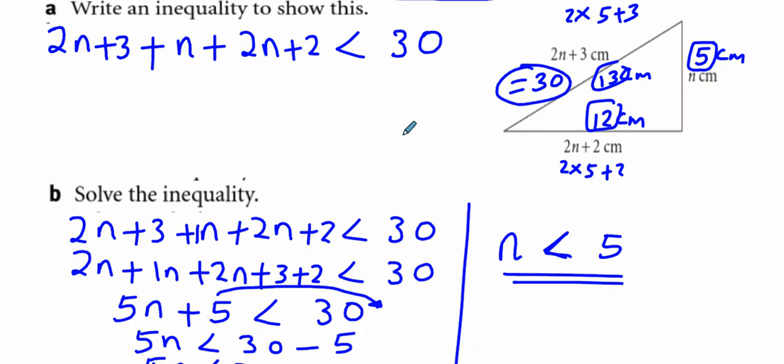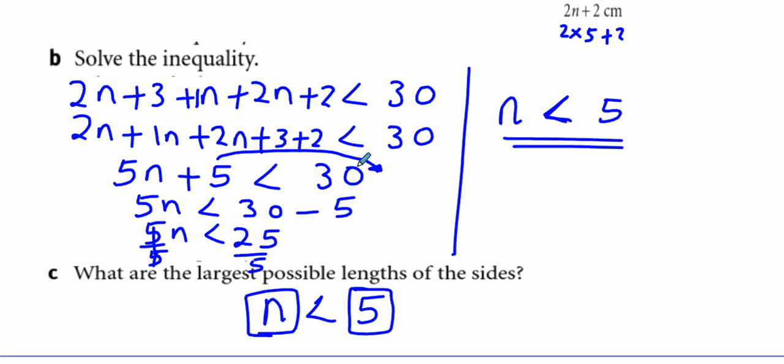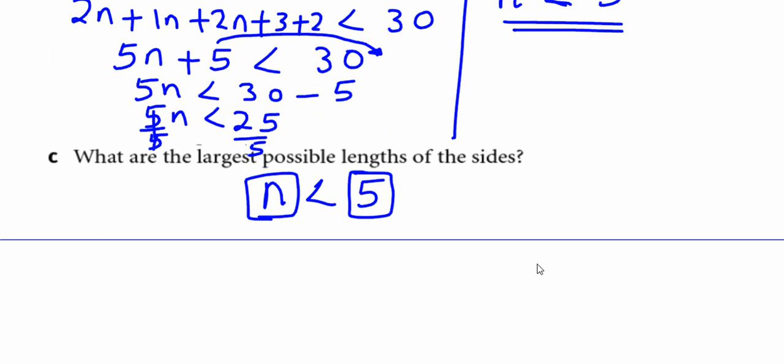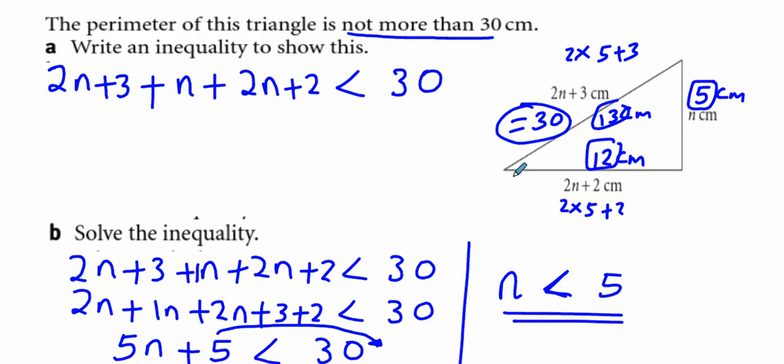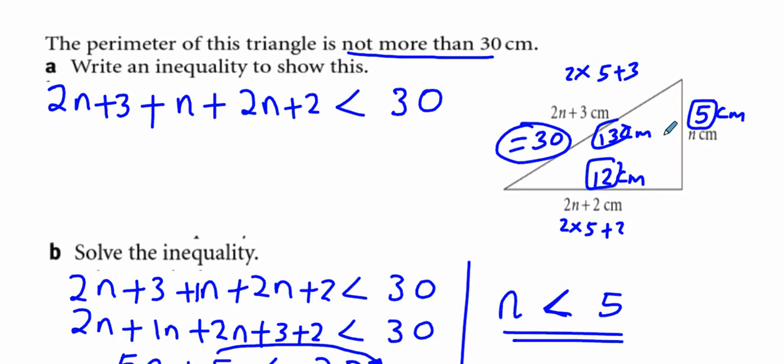So that means, what are the largest possible lengths of the sides? The largest of all will be 5, 12.